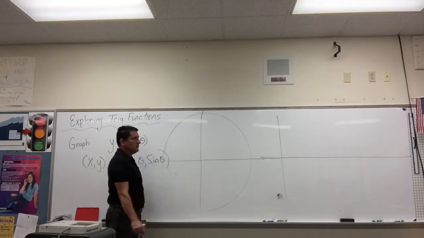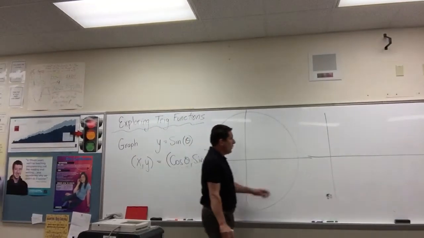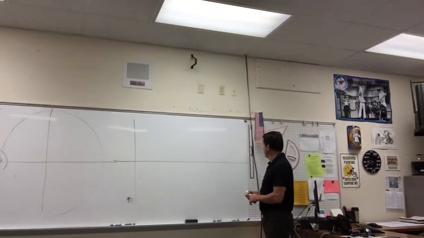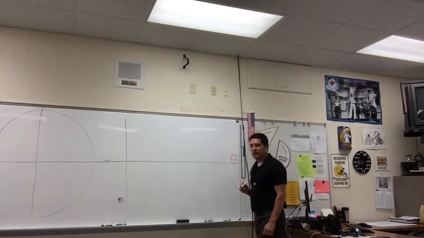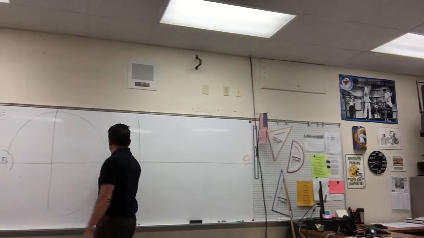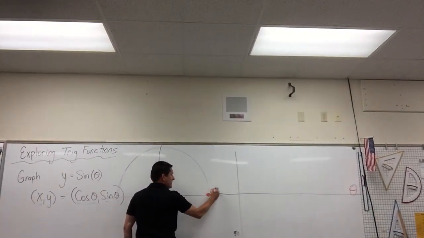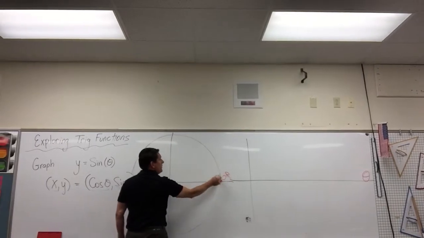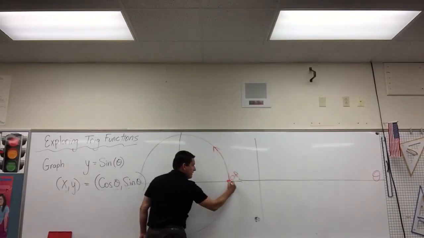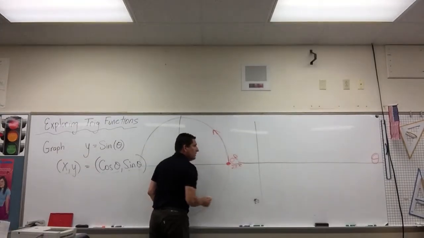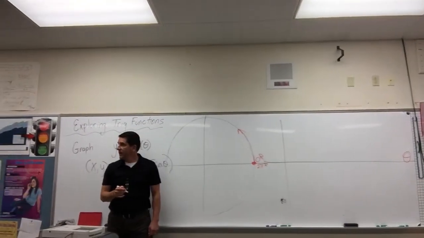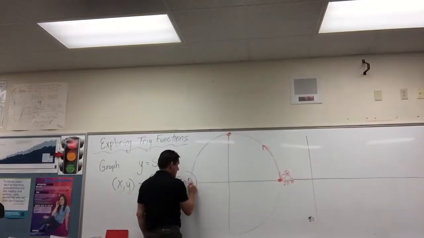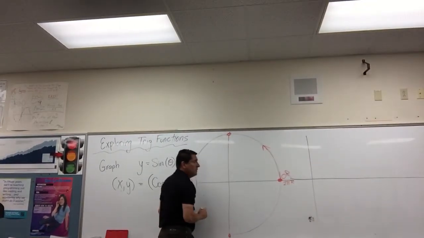So, here's what we do. When we draw the sine wave, what we're really doing is we're looking at an axis that is theta. Theta is in radians, and it starts out at 0 radians, and it goes all the way around until it ends up at 2 pi radians, and then we can do one full circle. There's special magic points that occur here, and these are the points that are on the unit circle.